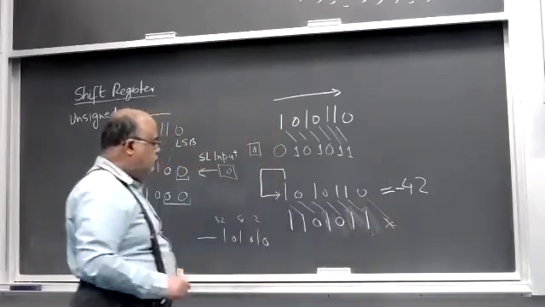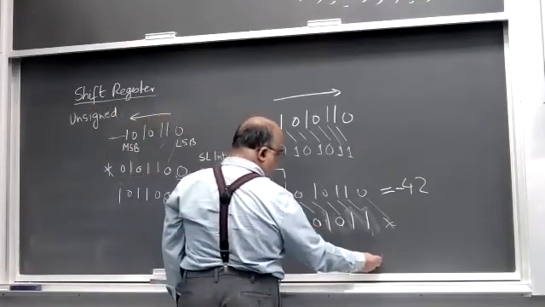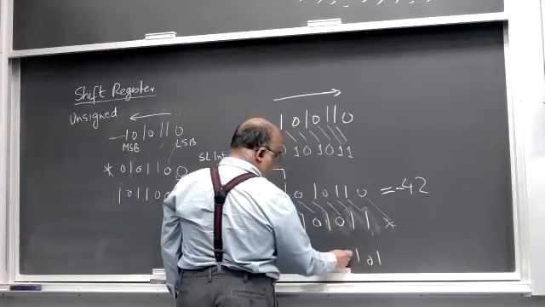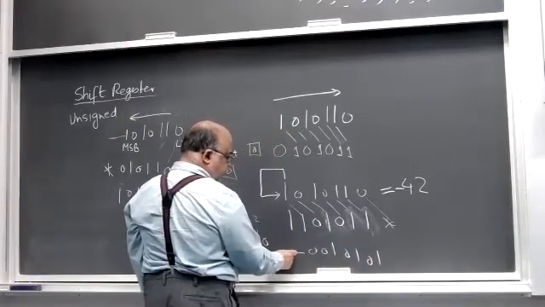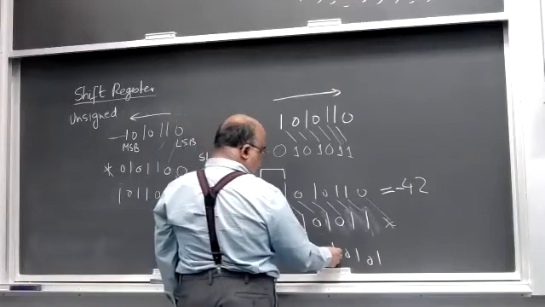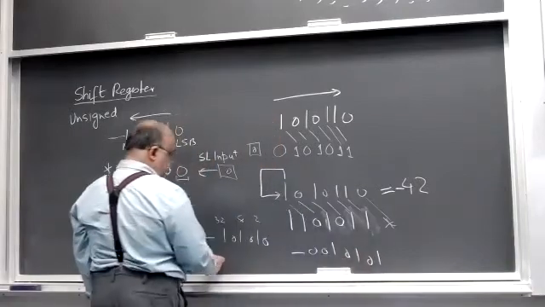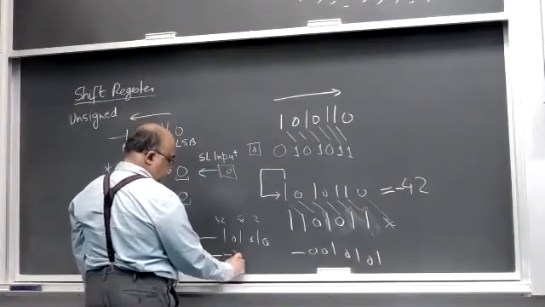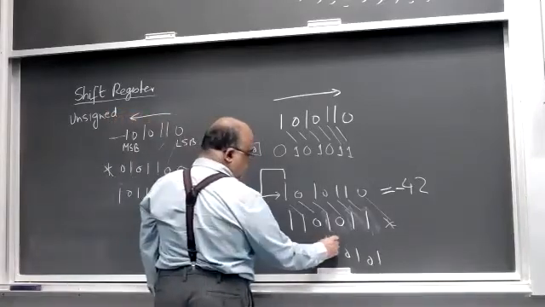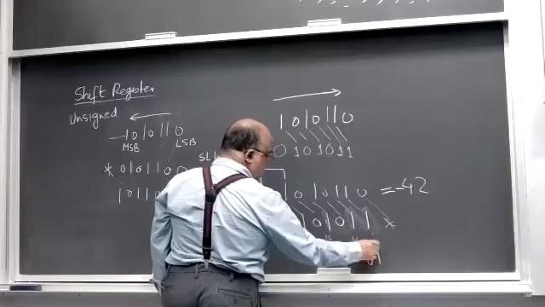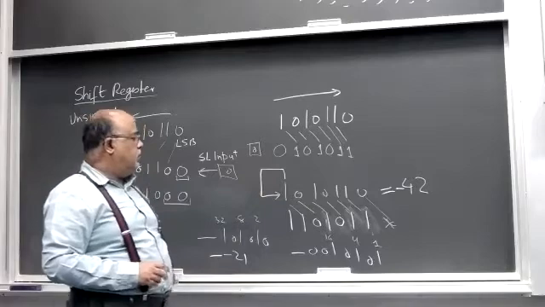So this number, if you look at it in 2's complement form, is 1, 0, 1, 0, 1, 0, 0, minus sign. So this is 16 plus 4, 20 plus 1, 21. So this is 21. As you can see here, the sign remains.